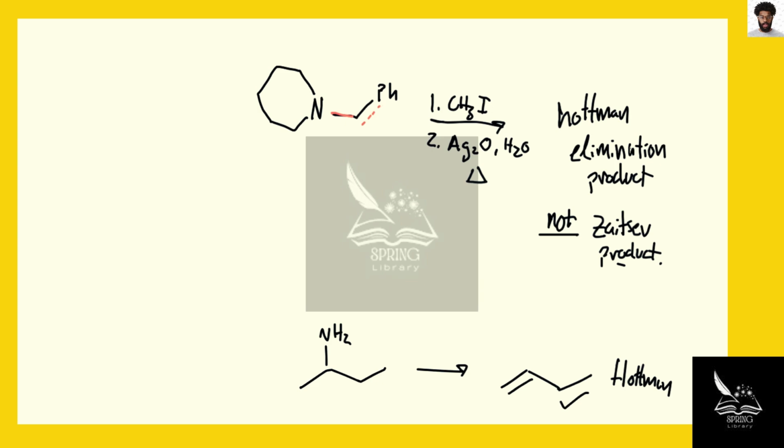If I draw in the full phenyl ring, you'll see that it's not possible to create a double bond here because that would create a carbon with 5 bonds. So our only option is to create a double bond here and to lose one of these bonds. It doesn't really matter which. That's exactly what we'll do.